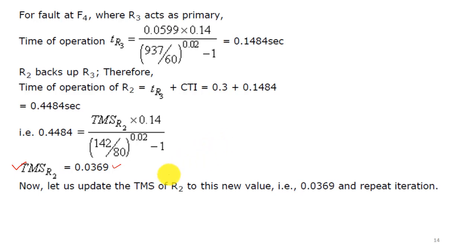So at the end of the first iteration, we found TMS R2 as 0.037, and now at the end of the second iteration, we found the TMS value is 0.0369. So there is a little deviation. Now let us go for the third iteration, then we'll see. Let us update the TMS of R2 to this new value of 0.0369 and let us repeat the iteration.